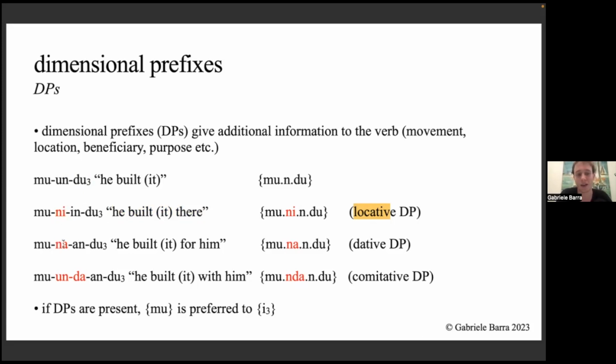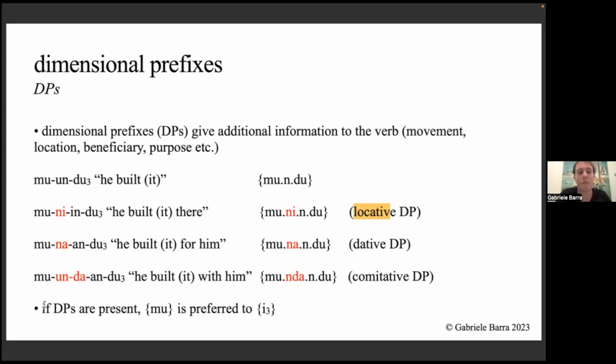Mu-na-n-du, he built it for him, na being the dative dimensional element, and he built it with him, mu-nda-n-du. So nda being the comitative dimensional prefix.